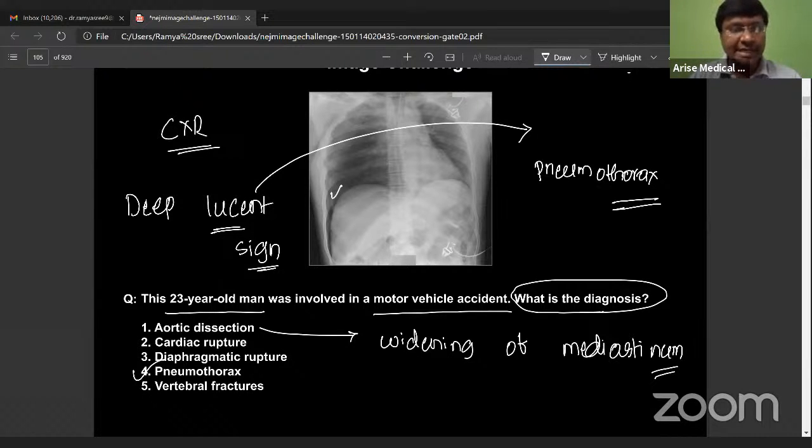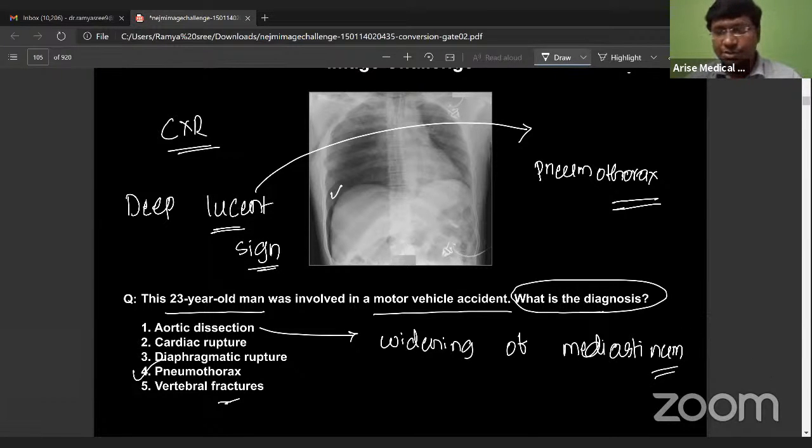But in aortic dissection, you will have widening of the mediastinum. If you take vertebral fracture, you can see all the vertebrae are absolutely normal. They don't have any hairline fracture or any complete fracture. So even vertebral fracture is ruled out.